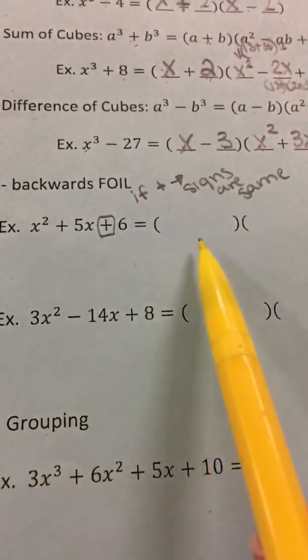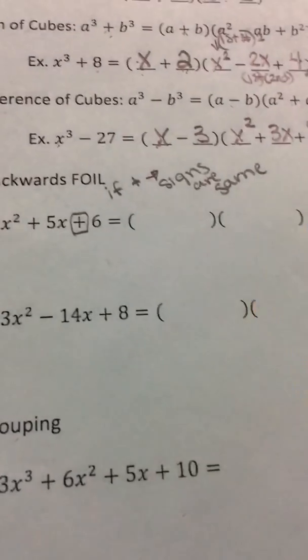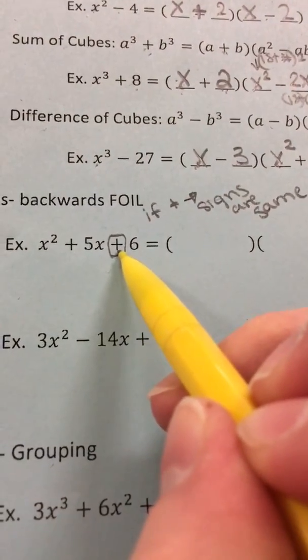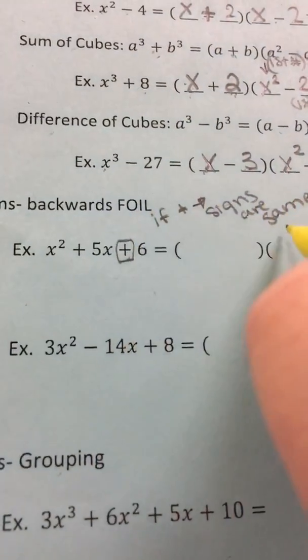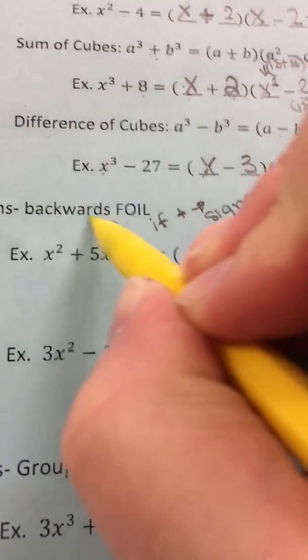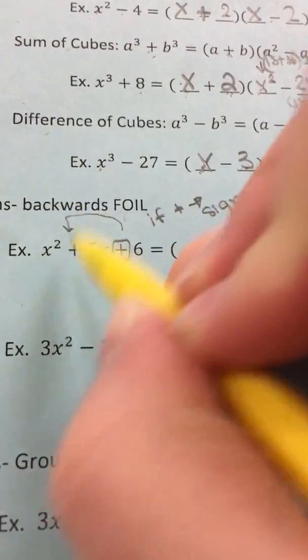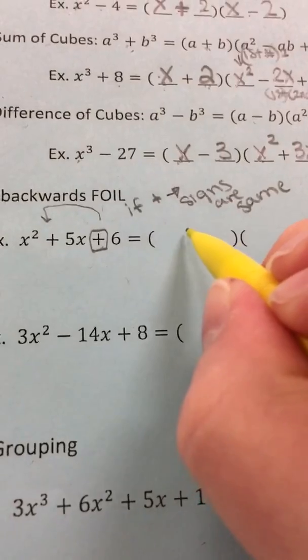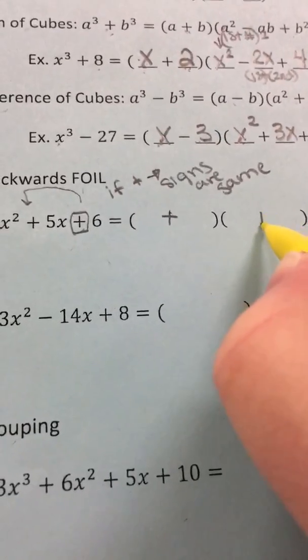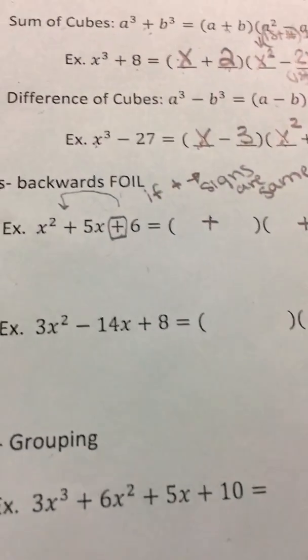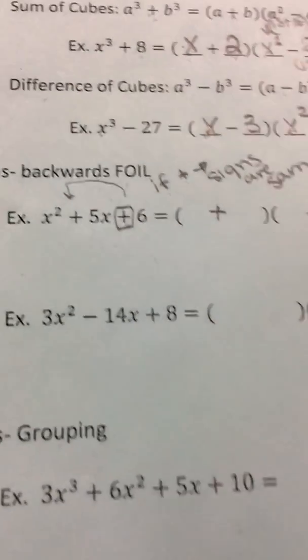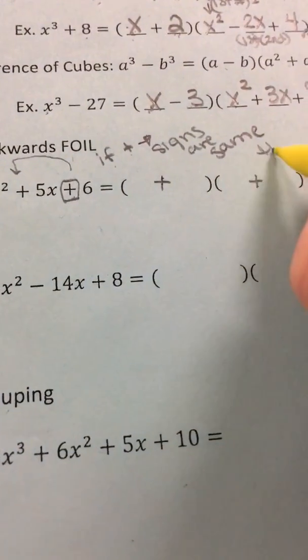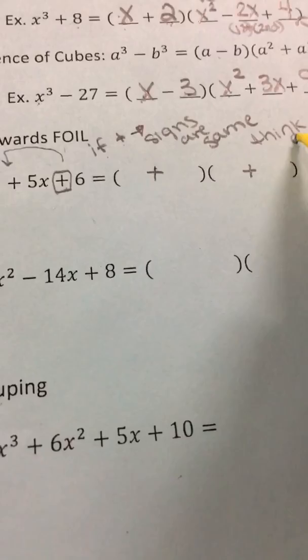So when we break it into our two little parentheses, both of the signs are going to be the same. To know what that sign is, you look back at this one. This one is a plus, so we know that both of them are going to be plus, plus. Now, if it's a plus, you have to think adding.